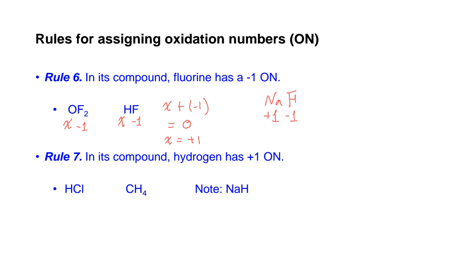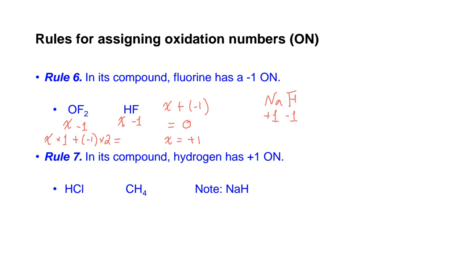Let's put it as X. If we add the oxidation numbers together, the oxidation number for oxygen is X, and we just have one oxygen, plus the oxidation number of fluorine, which is -1, and we have 2 fluorine atoms, so we multiply by 2.